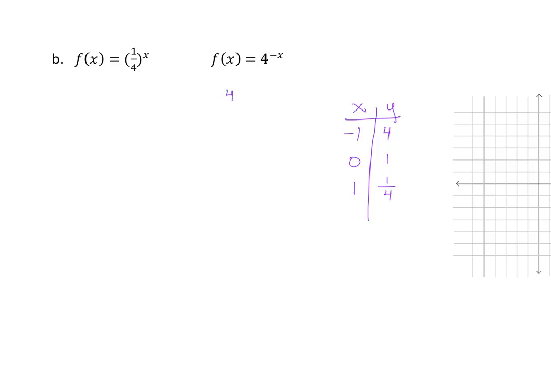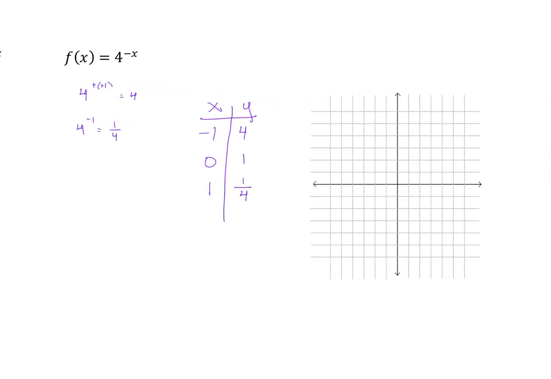If you plug in -1, you get -(-1), which becomes a +1. That's where we get our 4. And if we plug in +1, we get 4 to the -1, which is the reciprocal. And so notice that we do still get the same answers here, no matter how we dress up this particular equation.